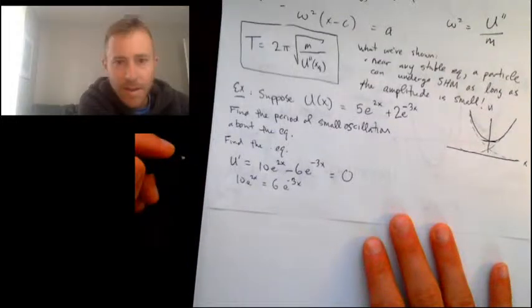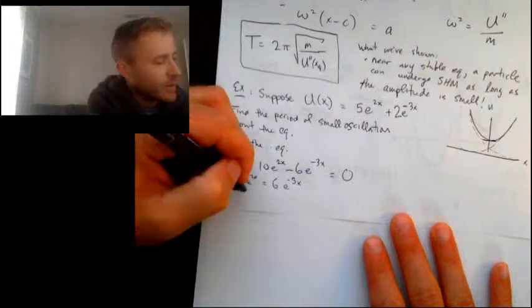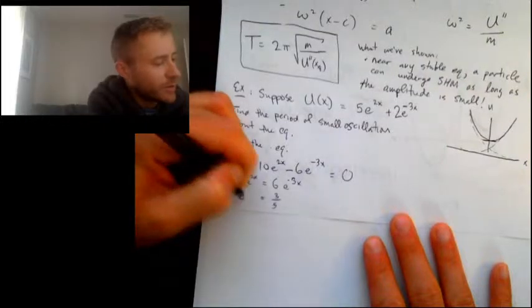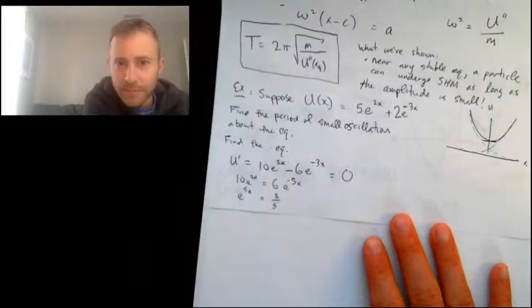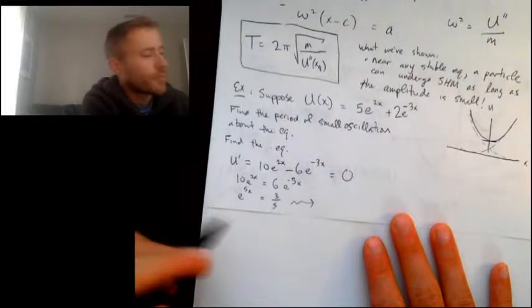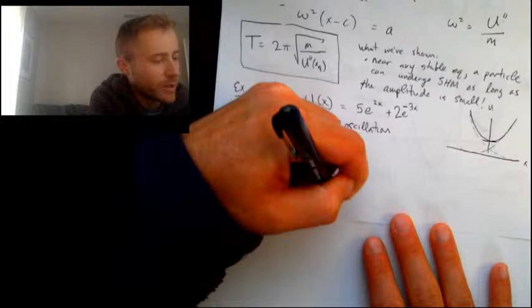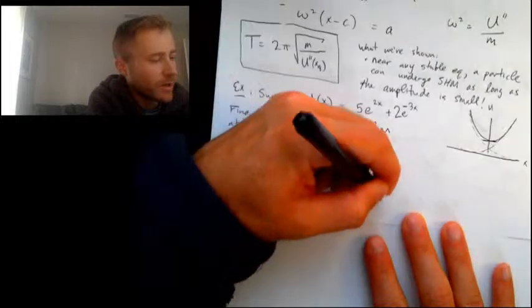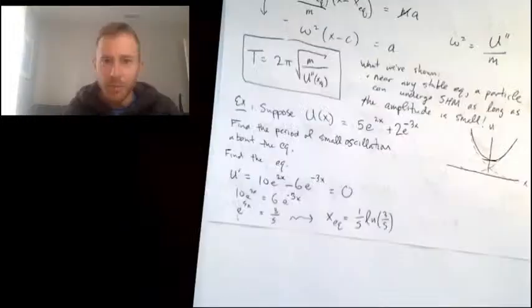And so that says that 3/5 equals e to the 5x. So that tells me that the coordinate of the equilibrium is 1/5 the natural log of 3/5. Let me plug that into my calculator.